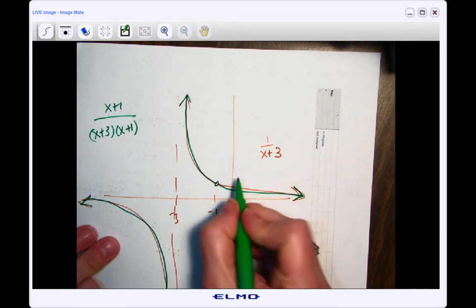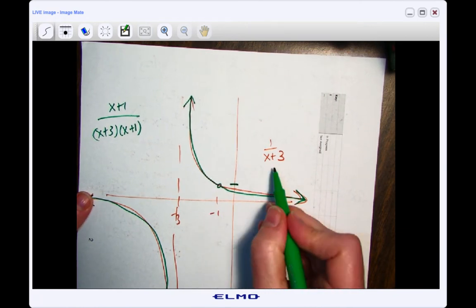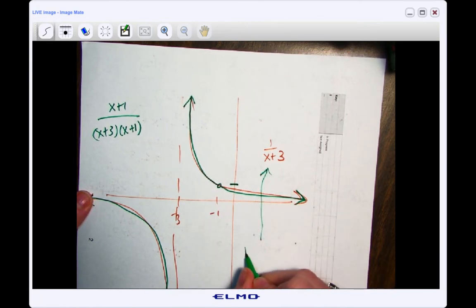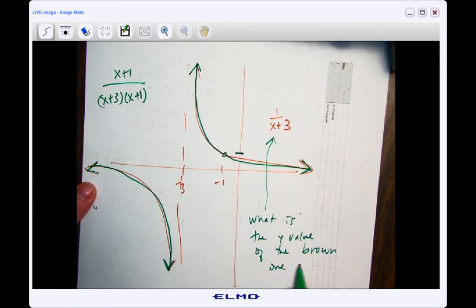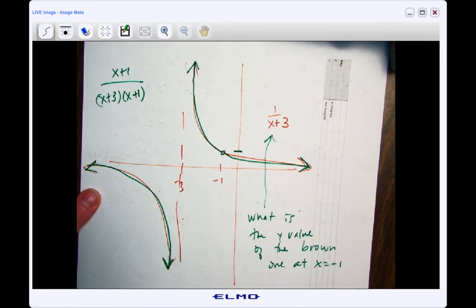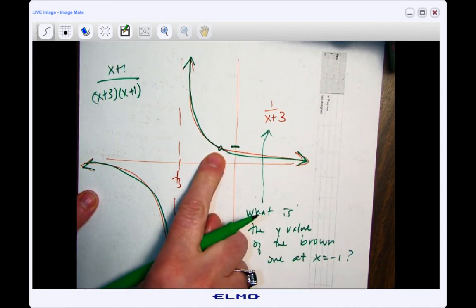So in order to figure out the height of this hole, what I want to know is, what is the y value of the brown one at x is equal to -1? That will tell me the y value of this hole.